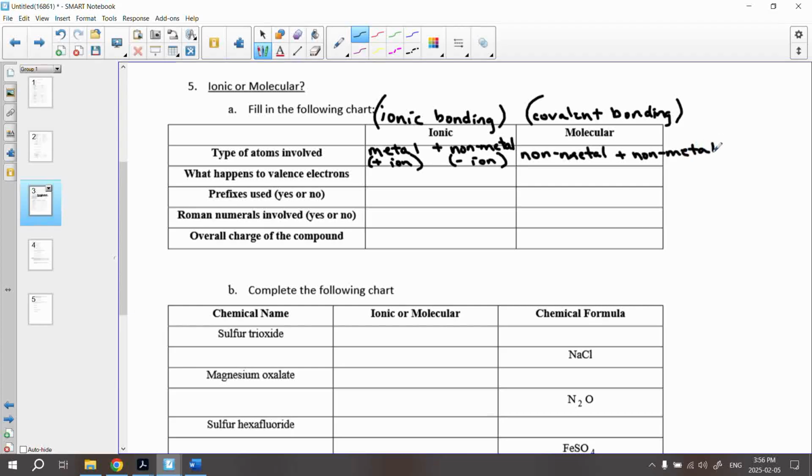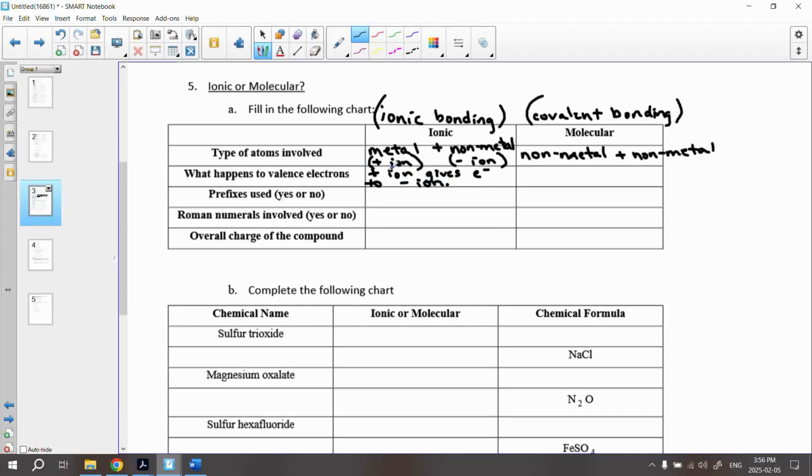Now, the difference between what's happening in these bonds: the bond is really always involving the valence electrons. In an ionic bond, the positive ion gives electrons, I'm just going to put e negative, to the negative ion. Right?